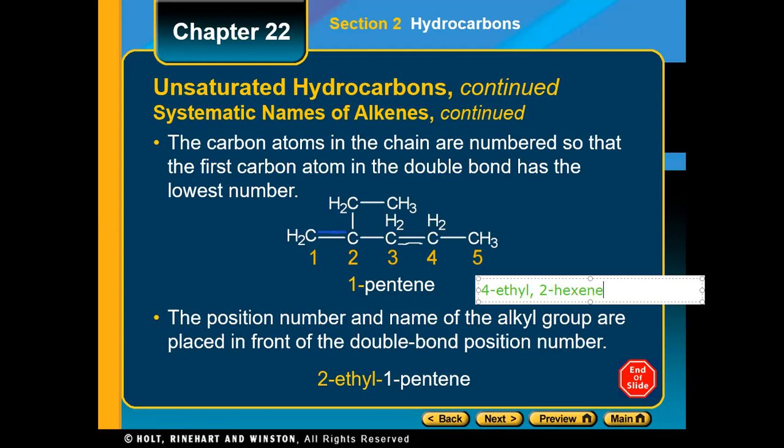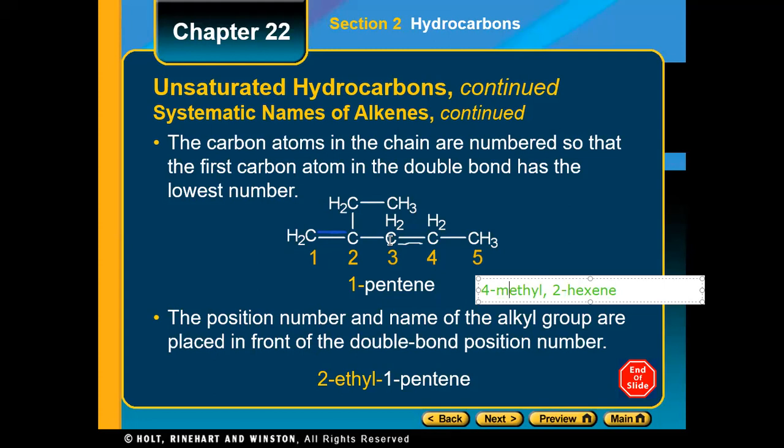Yes, it's hexene. Wow, you're right, and I was wrong. So this is not ethyl then. This changes. What is this? Methyl. Good.